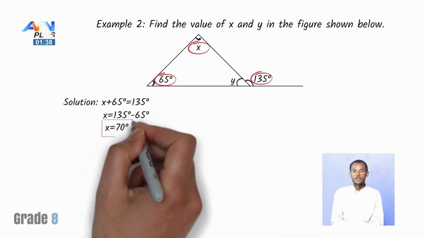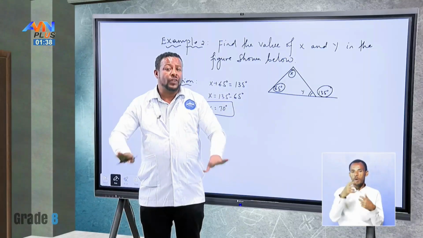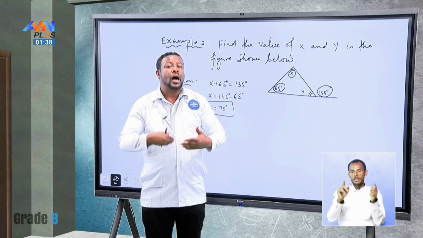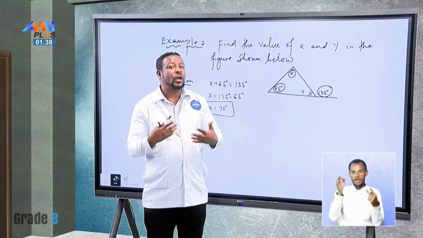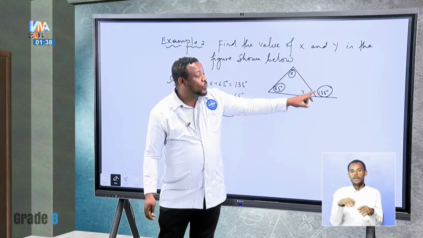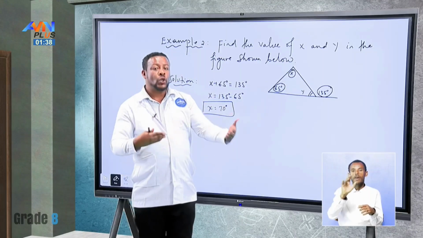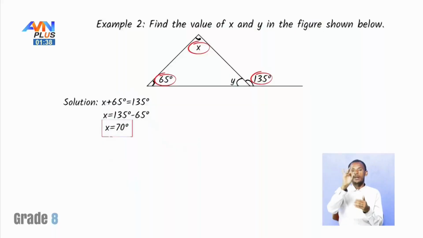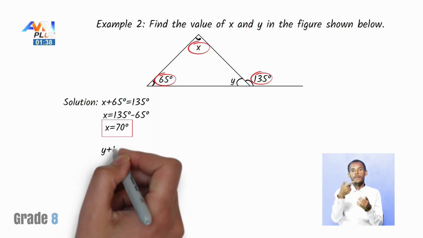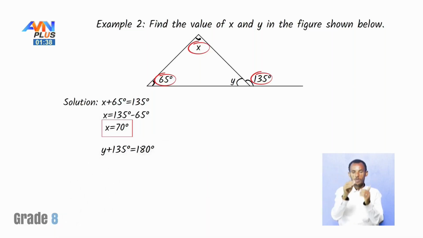Well, to find the value of y, you have two different options, but I prefer to use the concept of a straight angle. y and 135 together form a straight angle. So you can easily say y plus 135 degrees is 180 degrees, right?